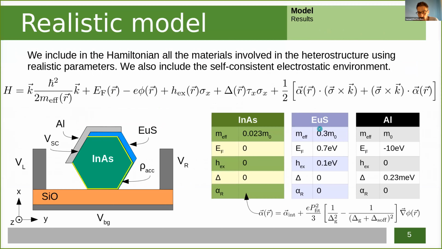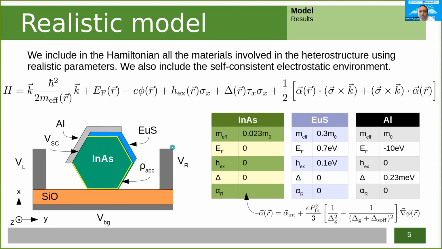We use realistic parameters that we obtain from the literature. This exchange field is the Zeeman splitting in the conduction bands, which is 100 millielectron volts. It is obtained from ab initio calculations and from experiments on the conduction band. In the rest of the materials, there is no exchange field.